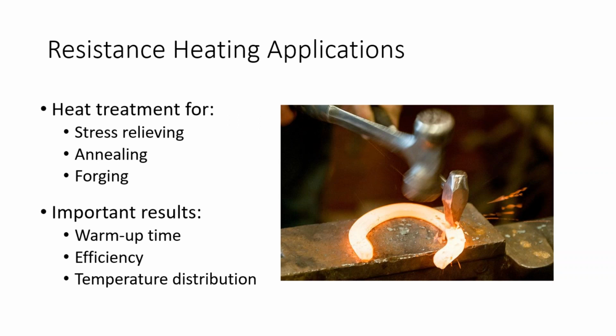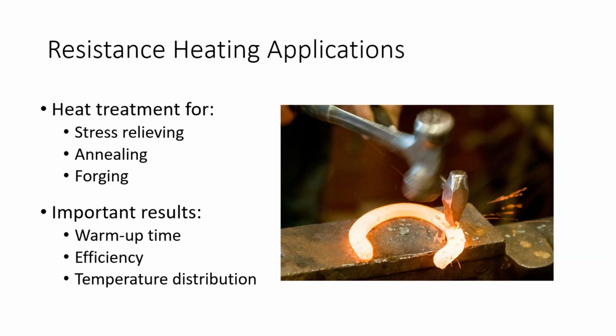Heat treatment for stress relieving and annealing is conducted basically in order to realign the metal crystals and make the workpiece less prone to cracking or splitting. It is conducted at lower temperatures, typically between 200 and 700 Celsius.